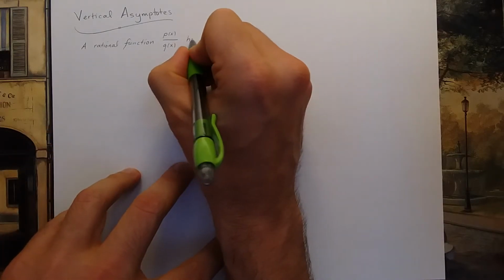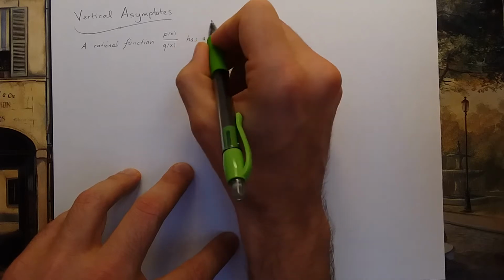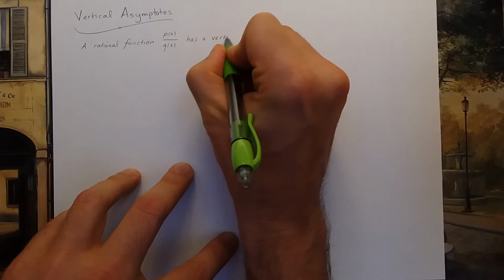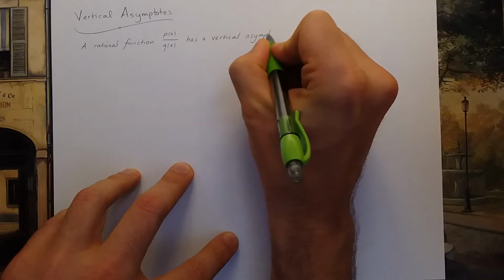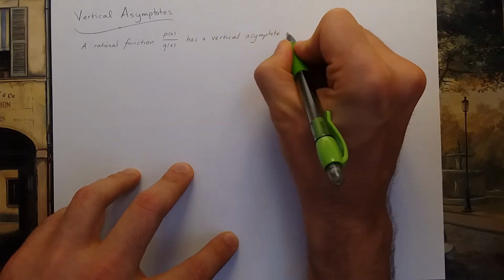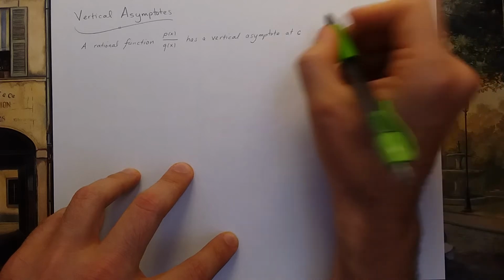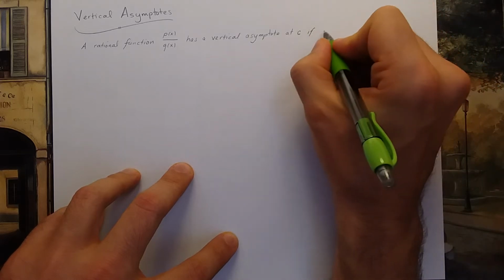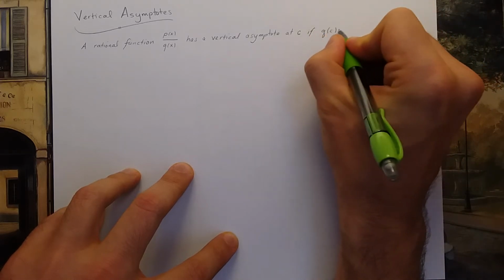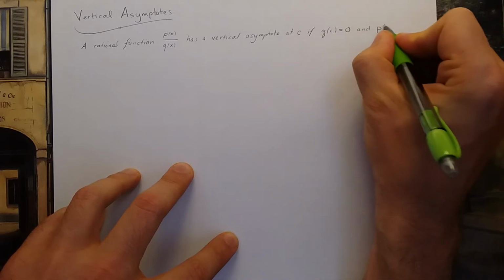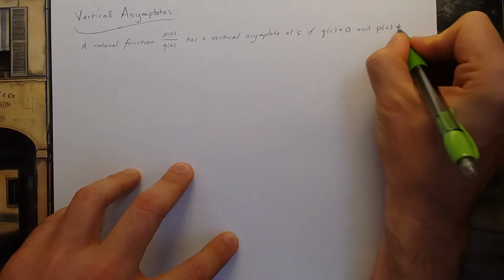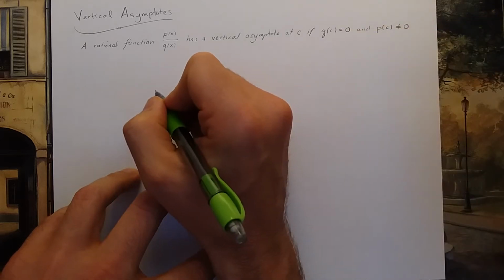This has a vertical asymptote at a number c if q of c is equal to 0, but p of c is not 0.